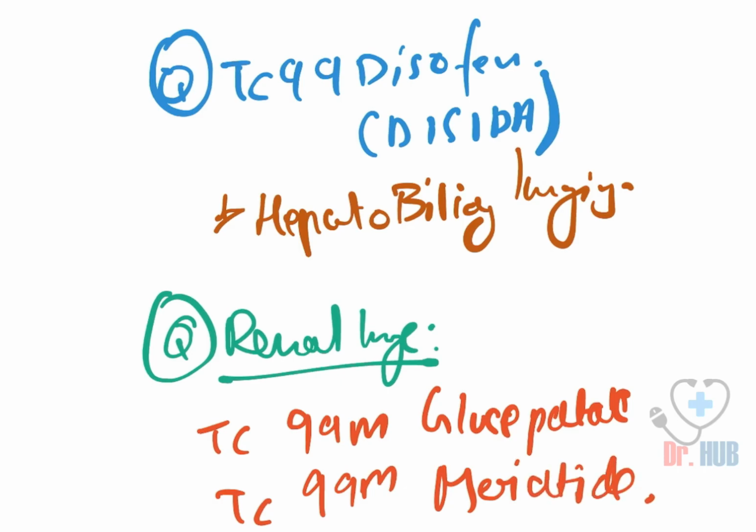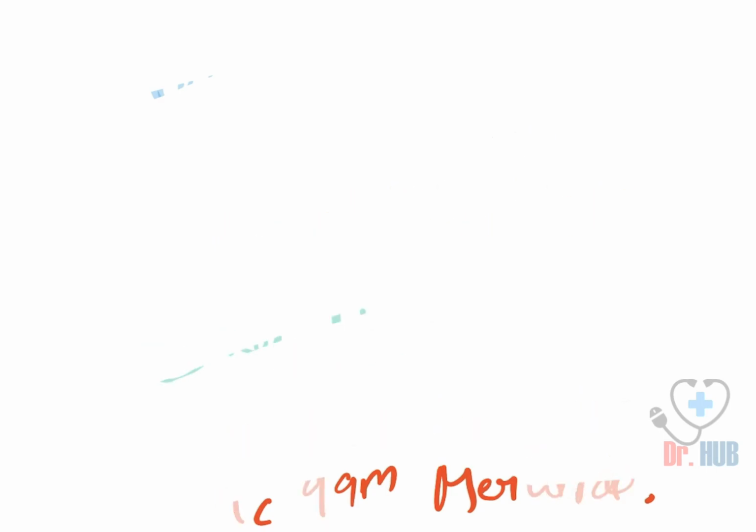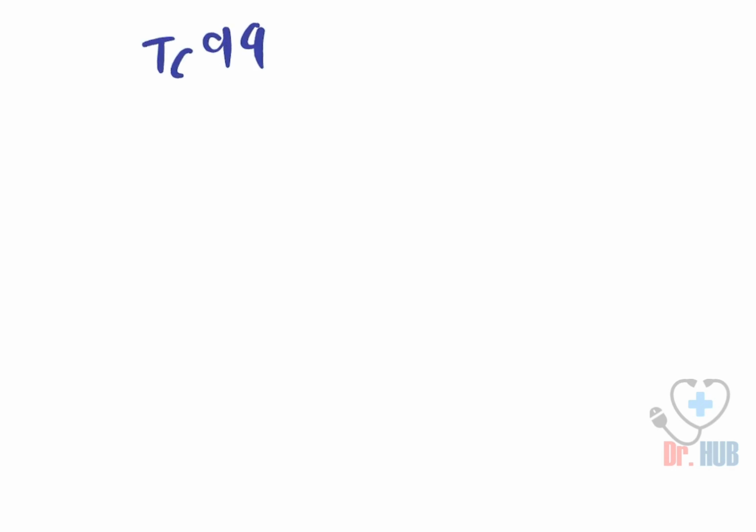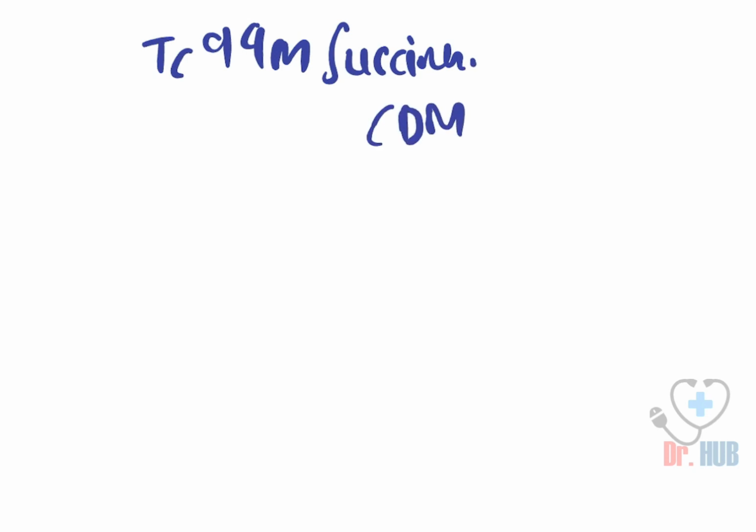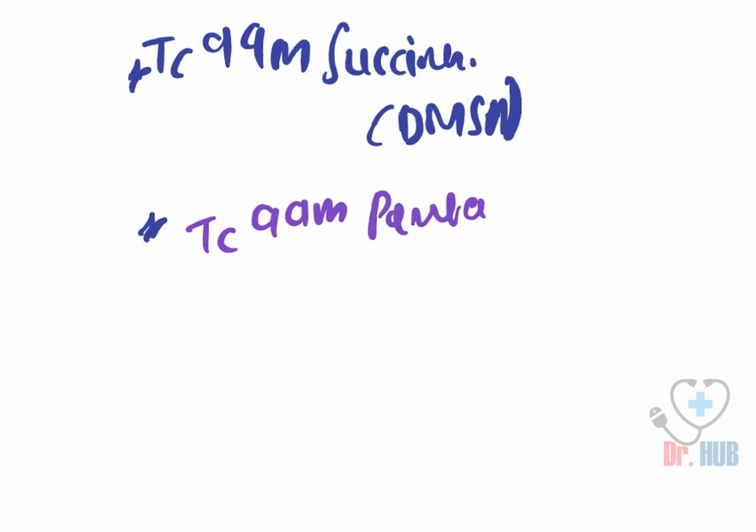To repeat, renal imaging is done by the gluceptate as well as the mertiatide. Then there is also TC99M succimer, that is a DMSA. And there is also the TC99M pentetate, which can be used for renal imaging.